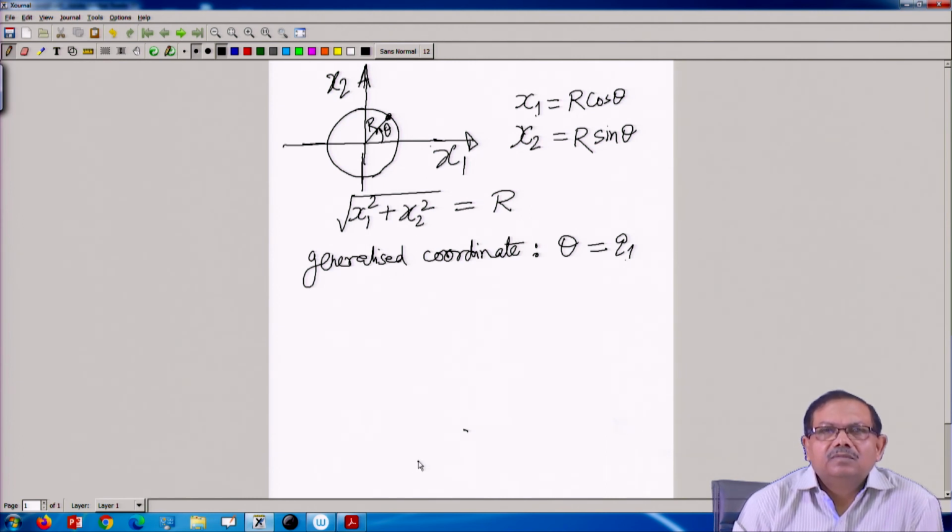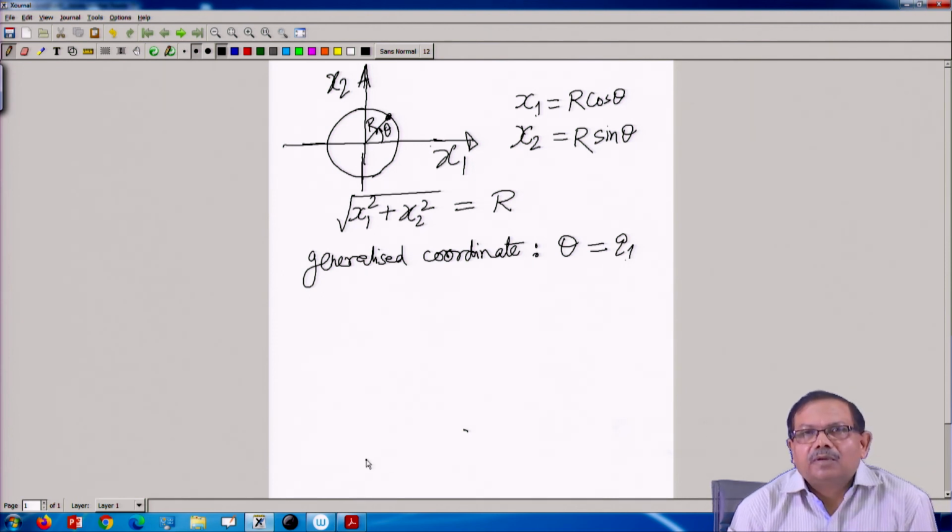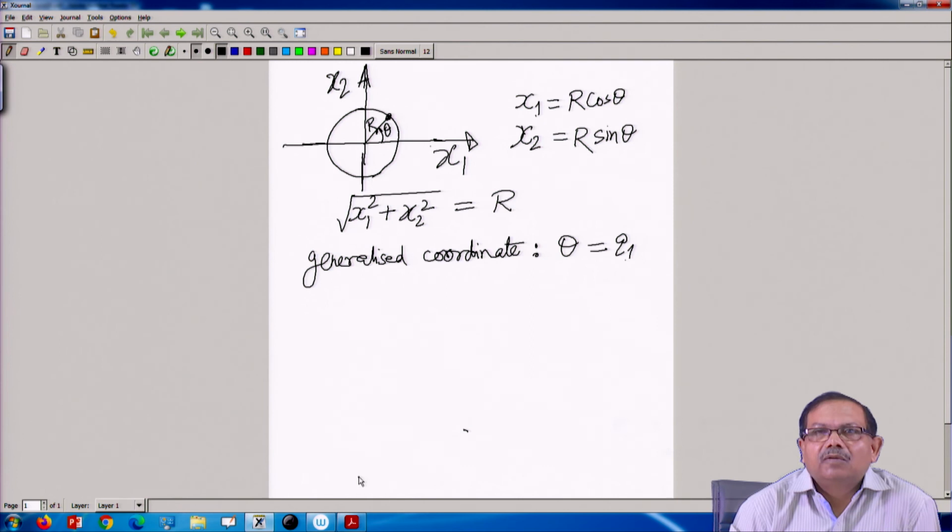There is some design problem and a theoretician solved the problem using a complicated coordinate system and found the solution. Now, the designer requires to understand it in the coordinate system he or she is familiar with, right.